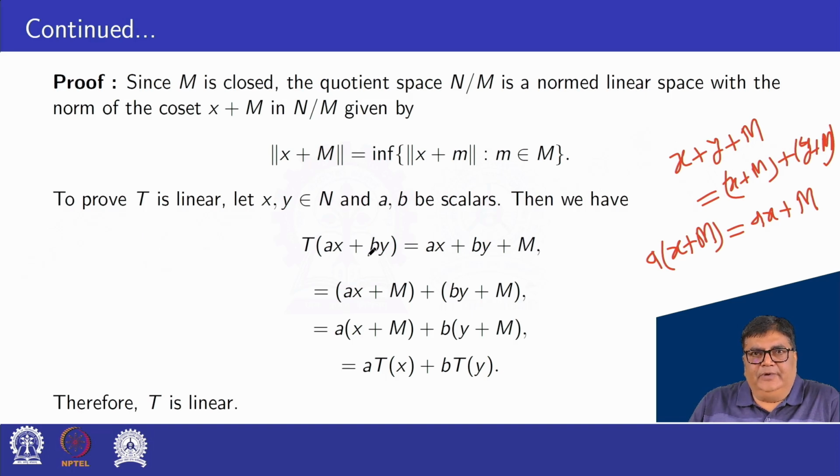Therefore, T(ax plus by) is equal to aTx plus bTy. Therefore, T is linear.